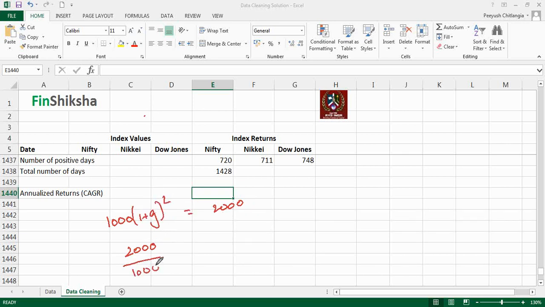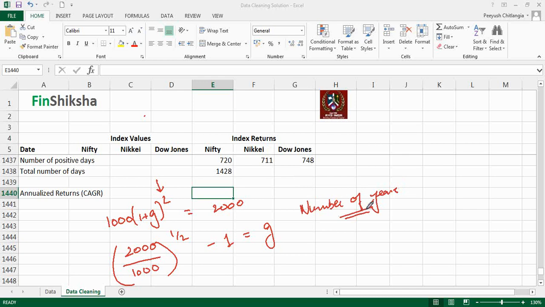So this would work out to (2000 by 1000) raised to the power 1 by 2, minus 1, is going to give me the growth number, right? Now this 2 here is the number of years. So we need to find out the number of years here, and then we can find out the annual returns.